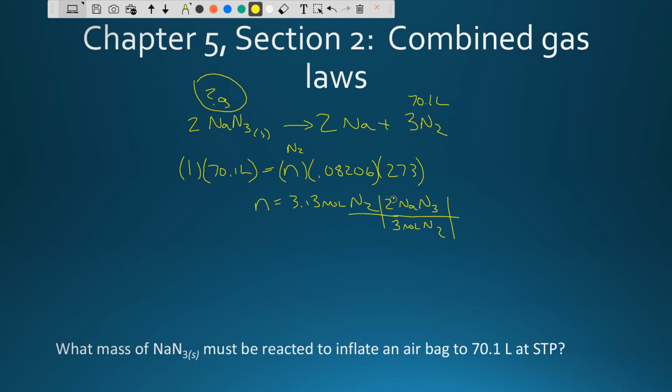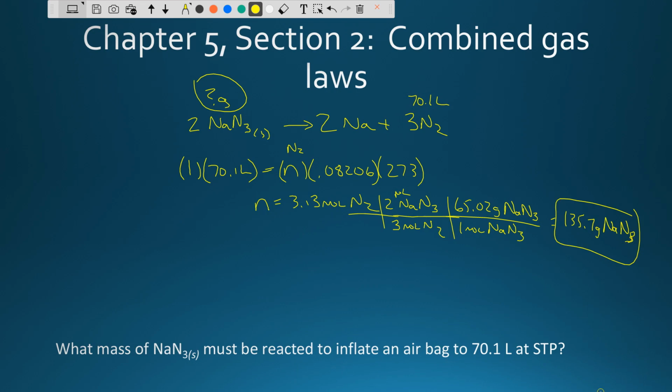And then I can just say, since that's moles, 1 mole of my sodium azide ends up being a formula mass of 65.02 grams of sodium azide. Okay, that will give me a value in the end of 135.7 grams of my sodium azide would be needed to produce that.